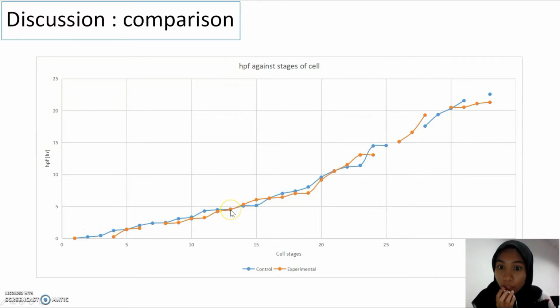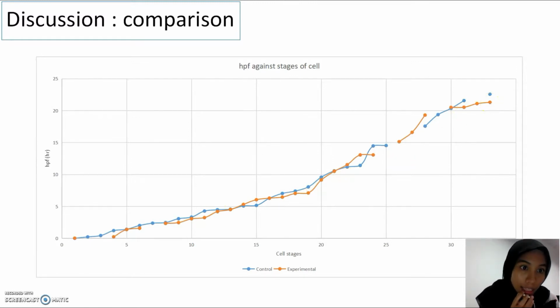However, at this point, which started off at 11:53 p.m., there has been a fluctuation of growth development until the end between the control and the experimental. As you can see, the growth development outcompetes each other alternately, and this is because there has been a fluctuation of temperature ranging from 23 until 30 degrees Celsius.